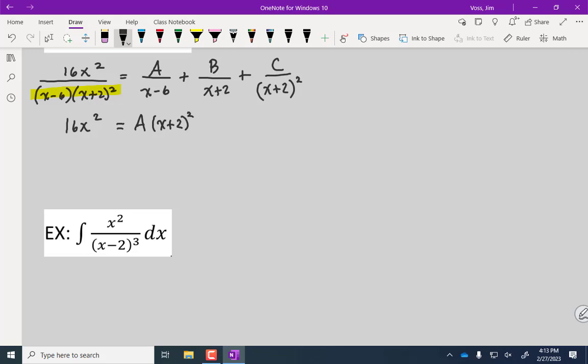When the yellow multiplies to the second, we are left with B, x minus 6, and x plus 2. When the yellow multiplies to the third fraction, the x plus 2 squareds cancel, and we're left with C times x minus 6.